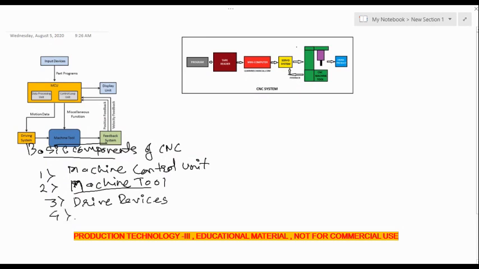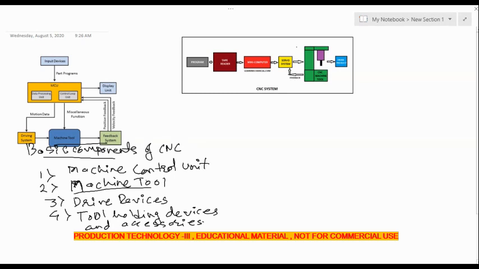The fourth part is tool holding devices and accessories. So a CNC machine in total can be studied in these four different components.